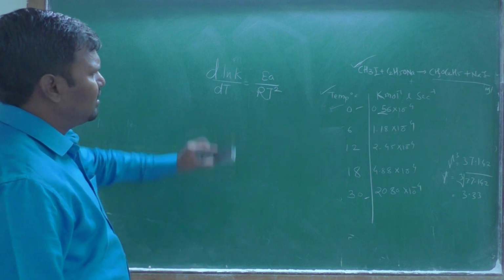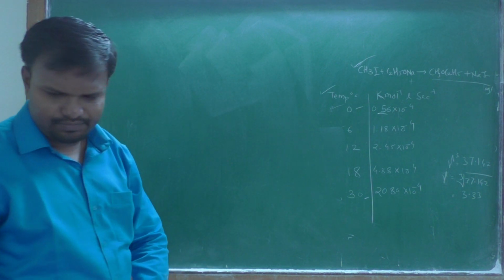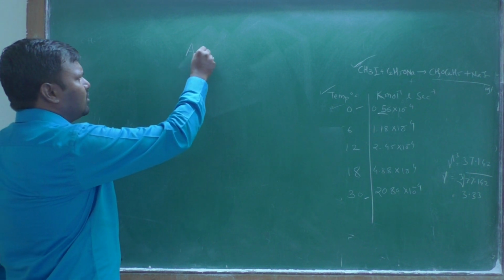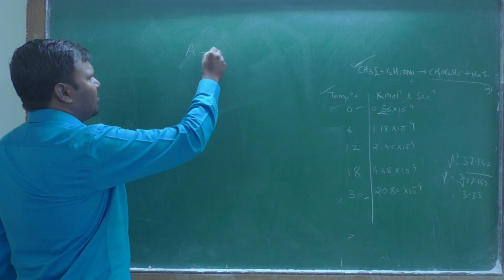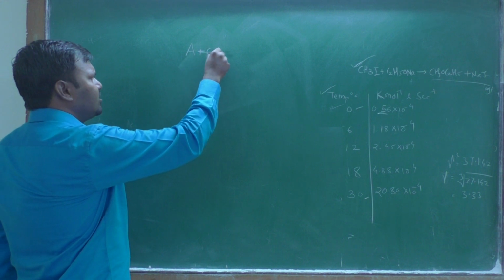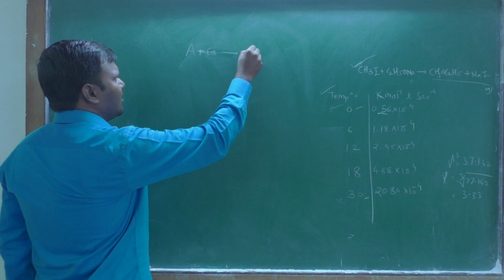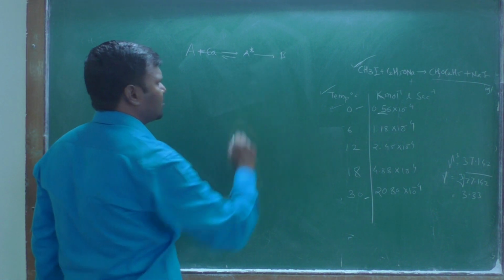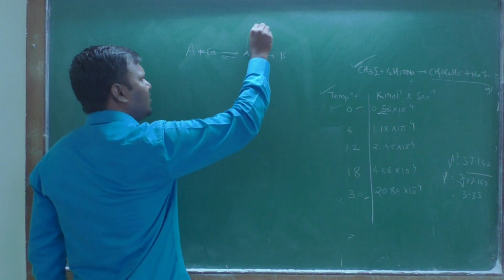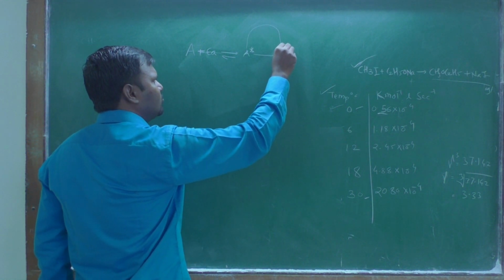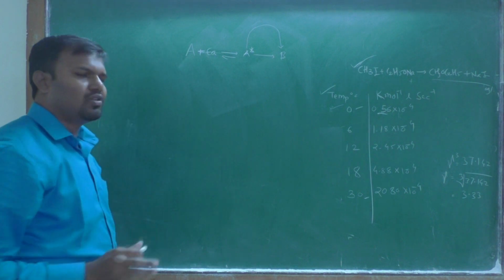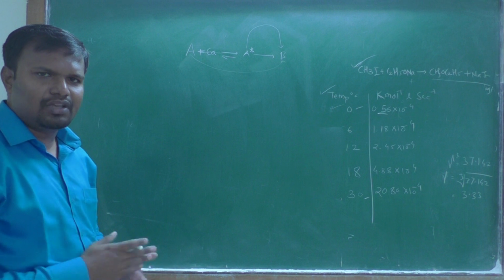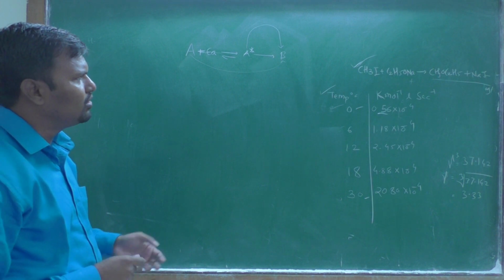That law is given as: if you have the reaction, A, by acquiring activation energy, gives the activated complex, and the activated complex gives the products. Remember that only the activated complex is able to give the product. Directly from the reactant it does not give the product.